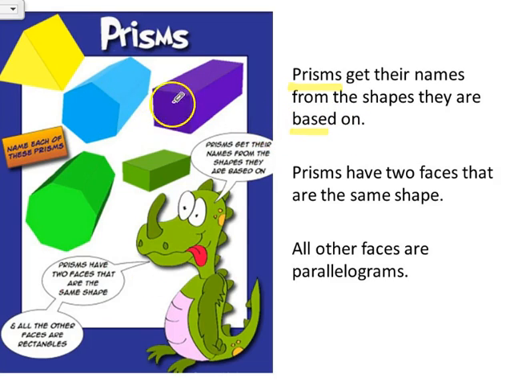So here you look, there's a lot of different prisms, and look at all the different bases. So they all look different based on their base. Prisms have two faces that are the same shape. Those are the bases we just talked about. And then all the other faces are rectangular, or are parallelograms.